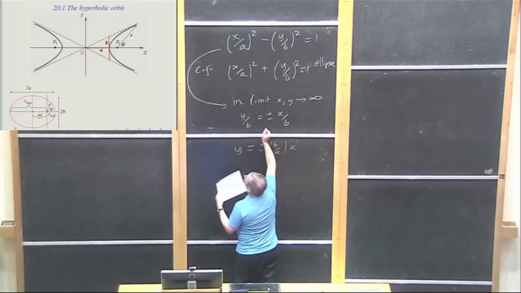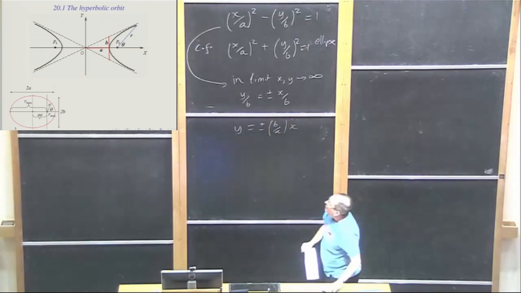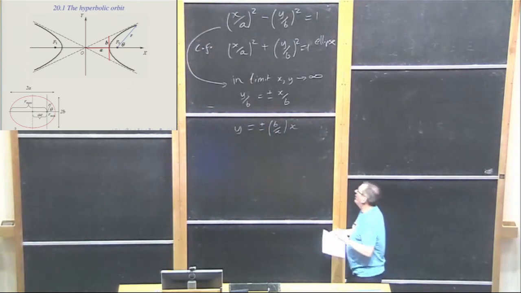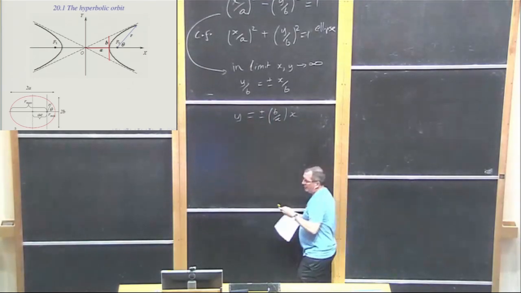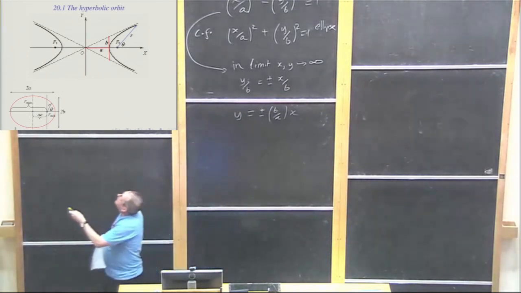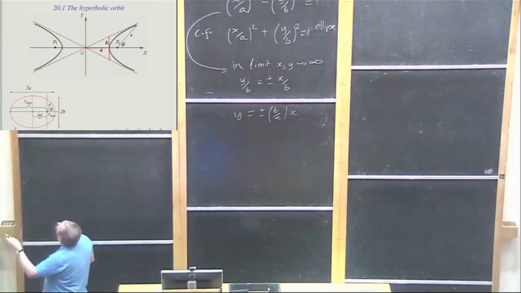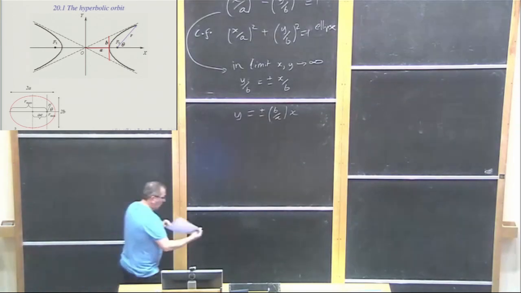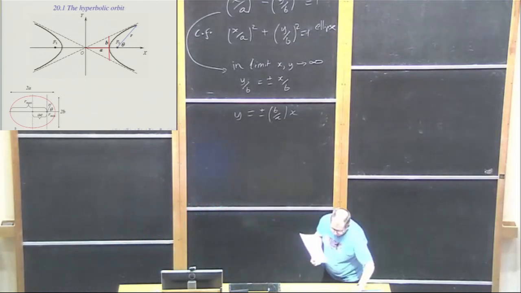So you expect in the limit that it will approach a linear relationship between x and y. And you can see in the diagram that indeed these lines are tending towards these diagonal lines. All right, but let's get back to the physics.